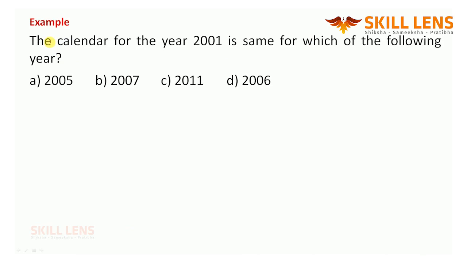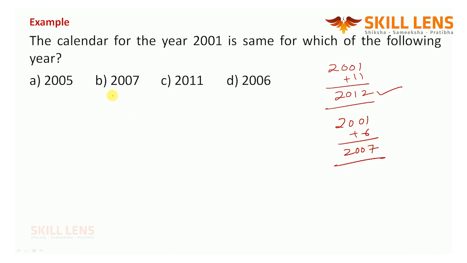The calendar of the year 2001 is the same for which of the following years? I told you, 2001 is a normal year, so just add 11, which is 2012. But is 2012 a leap year? Yes. So what I told you, 2001 plus 6, you will get 2007. So 2007 has the same calendar.